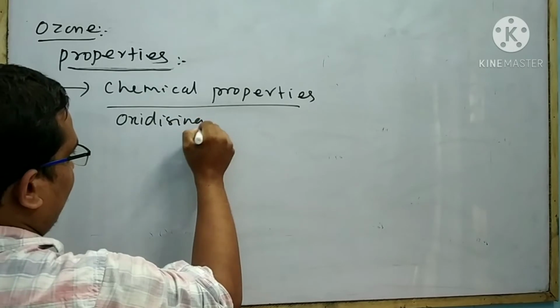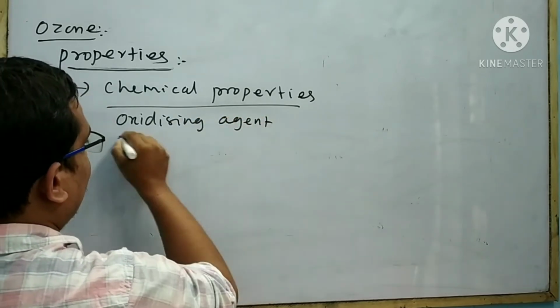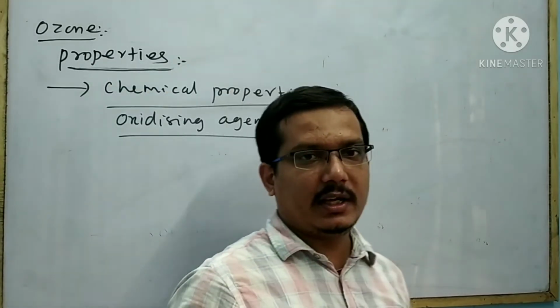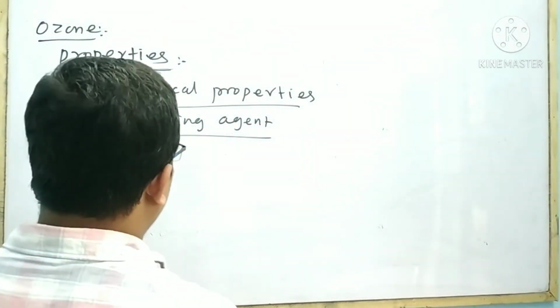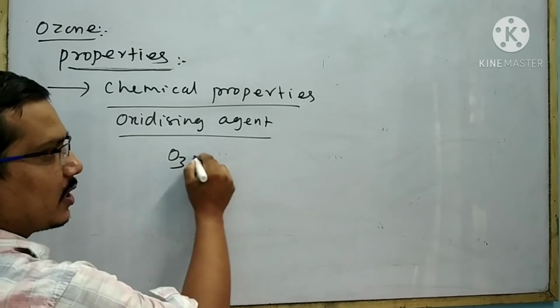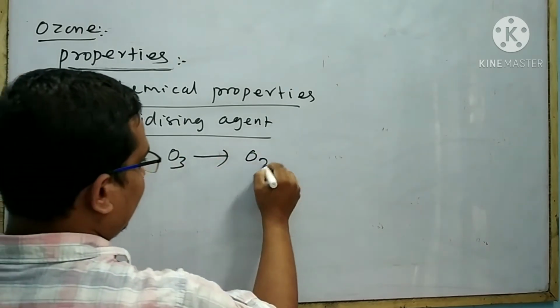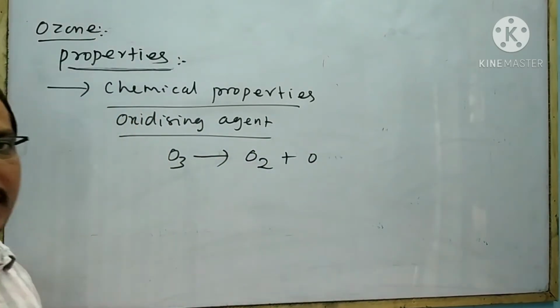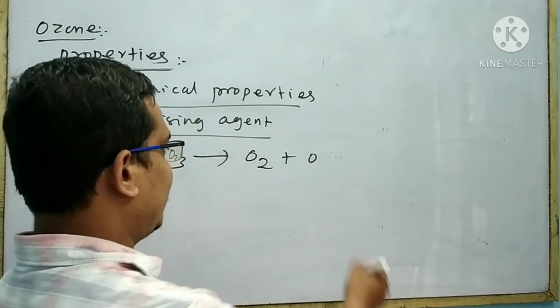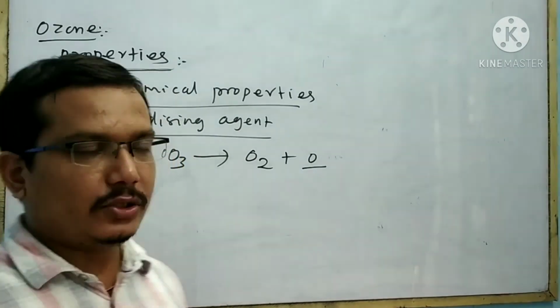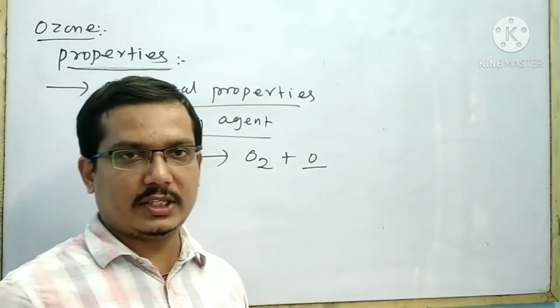oxidizing agent. Ozone acts as a good oxidizing agent because when it undergoes decomposition, it gives nascent oxygen and an oxygen molecule. This nascent oxygen is used for the oxidation.